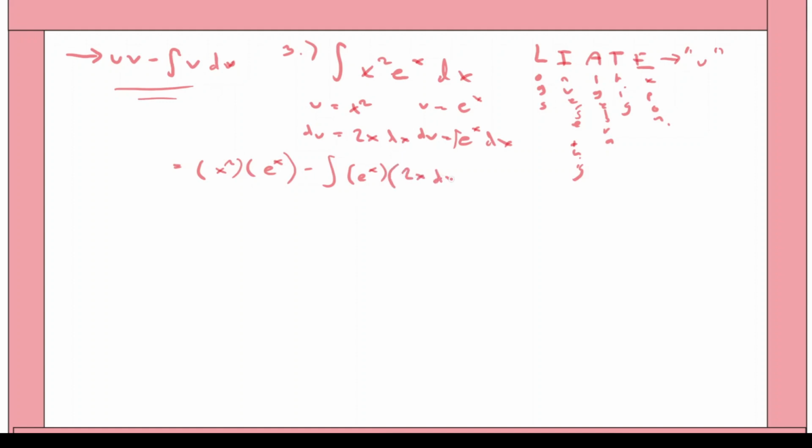So 2x dx. We've run into a problem though this time. It's not just one, so we can't just focus on one function. And this is another sort of integration by parts problem, isn't it? Because with e to the x, we have 2x. We can't use sub anything here either, because we'll still be left with some sort of function.